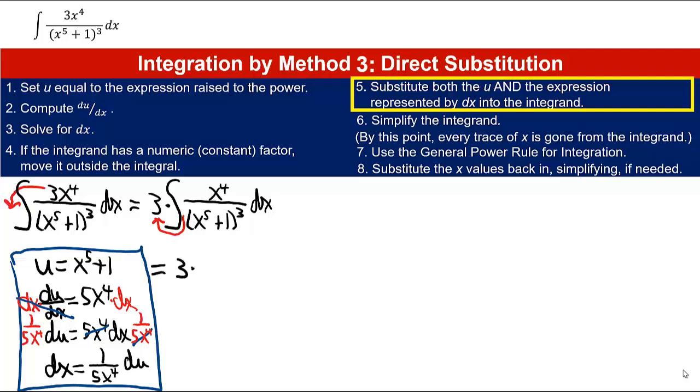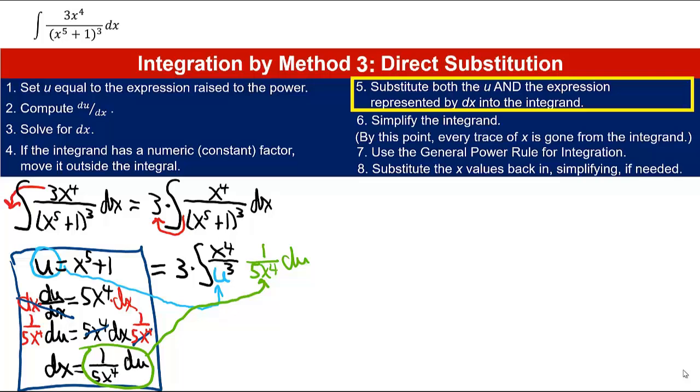It's not doing anything right now, but you have to carry it along because it will multiply through in the end. So we're physically taking out the x to the 5th plus 1 and putting u in its place. And for dx, we're removing it and putting in what it's equal to, which is the fraction 1 over 5x to the 4th multiplied by du.